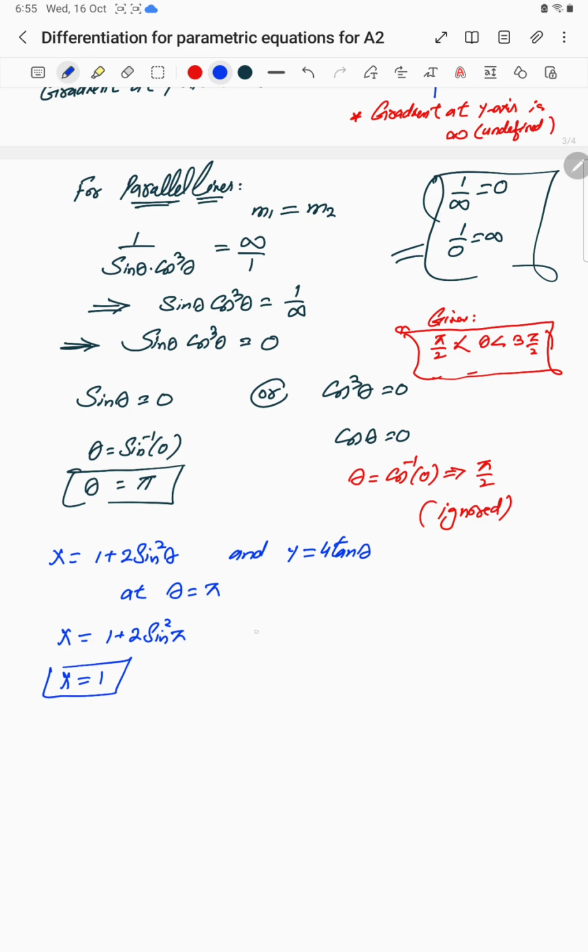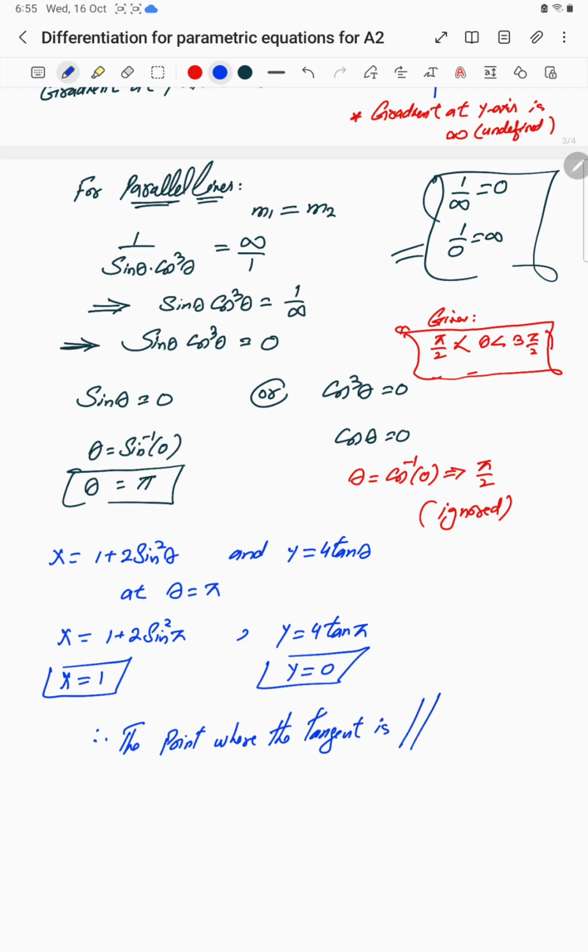And y is 4 tan of pi. Tan pi is 0, so y is 0. Therefore the point where the tangent is parallel to the y-axis is x 1, y 0. I hope it is clear.